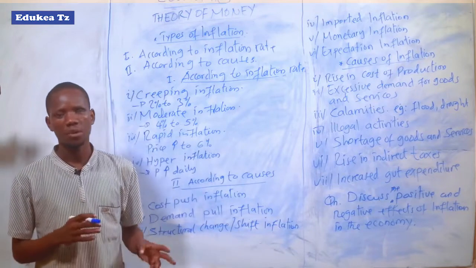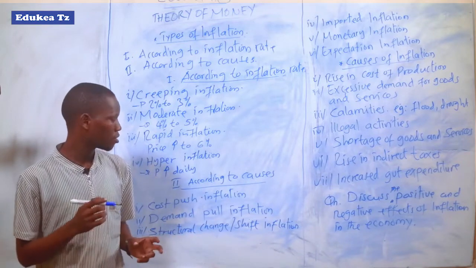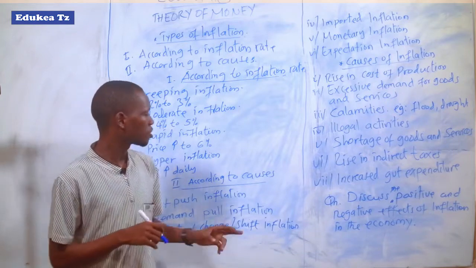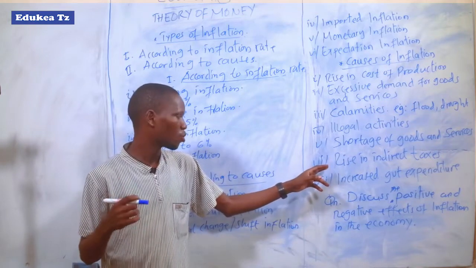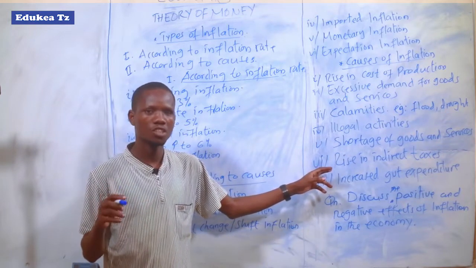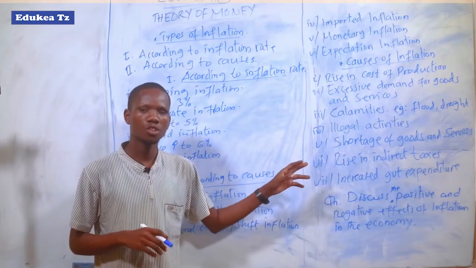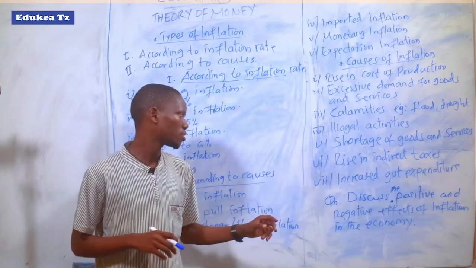So when a seller has bought a pen for 100 and the government puts maybe 2% of tax on that commodity, the seller must increase the price. He or she will sell such a pen for 200.